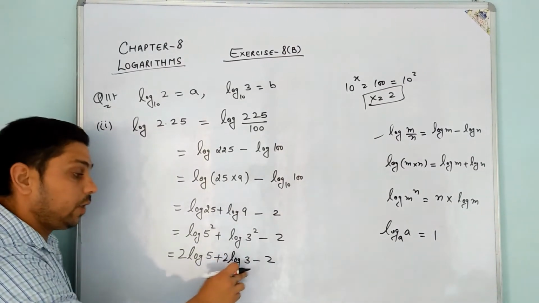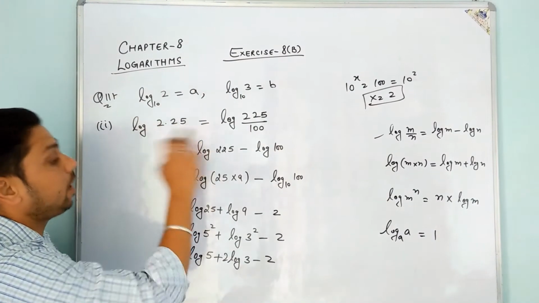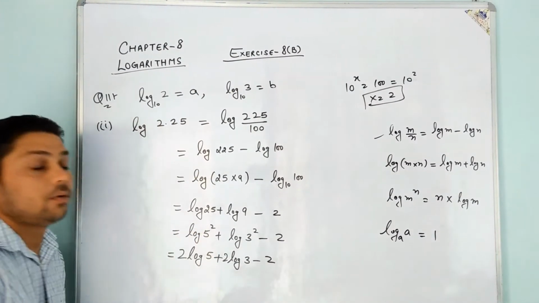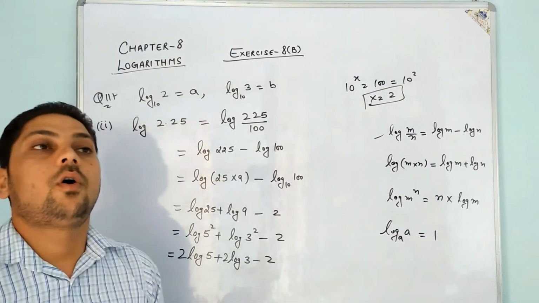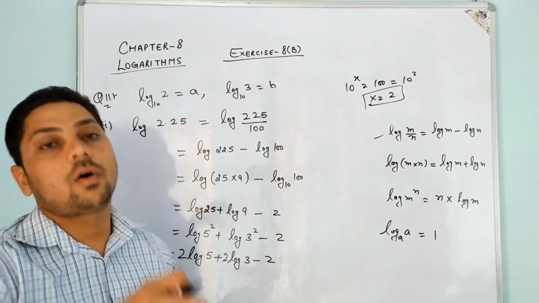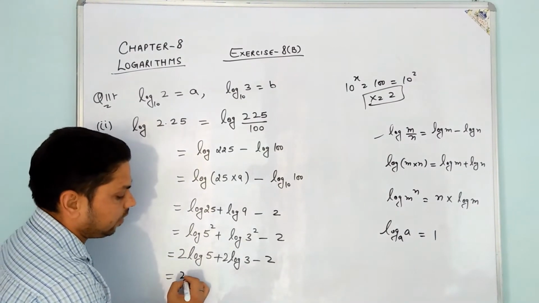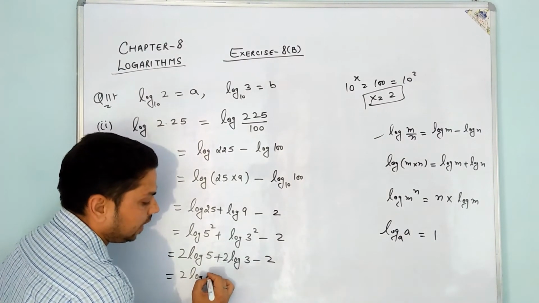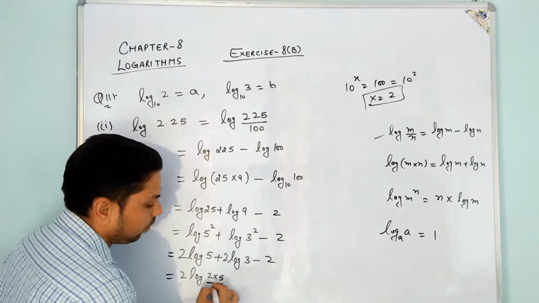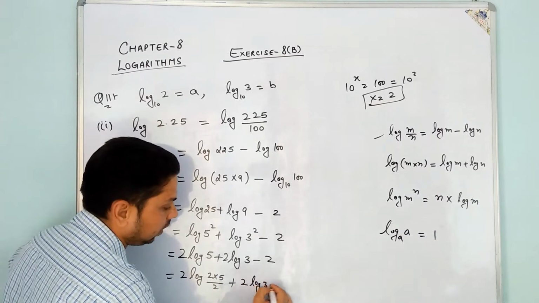Now, we have the value of log of 3. We have log of 5, but we do not have the value of log of 5 here. So, we will convert log of 5 into log of 10. I already told you how we will convert it: by multiplying and dividing by 2. When you multiply, 2 multiplied by 5 over 2 plus 2 log of 3 minus 2.